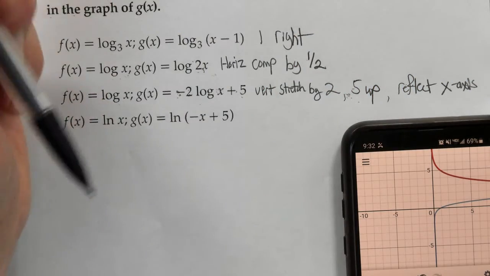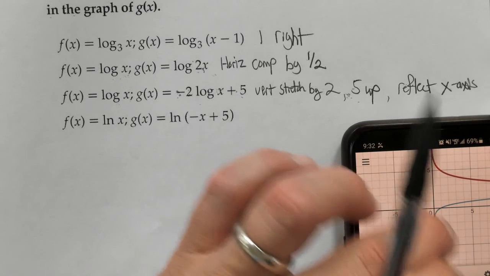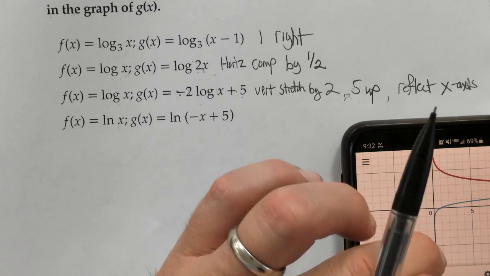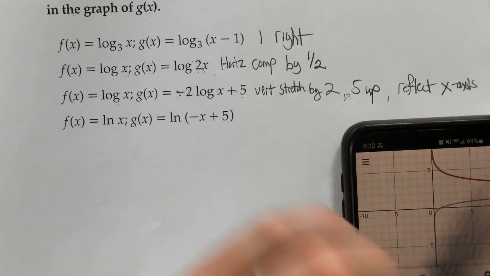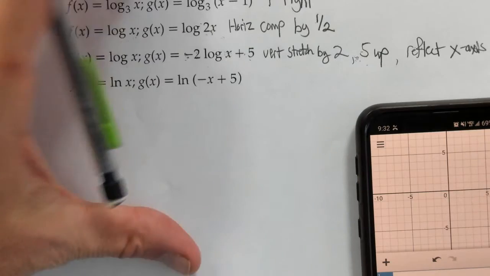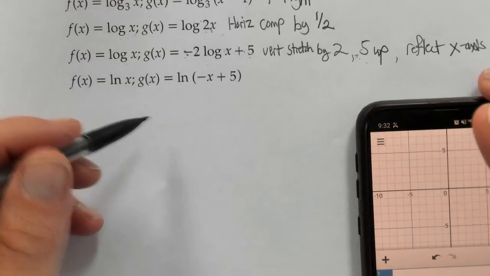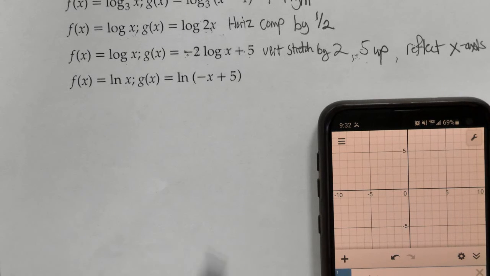All right, so one more we want to take a look at. Let's see. And so for the last one, we've got natural log. It's going to be natural log of x.